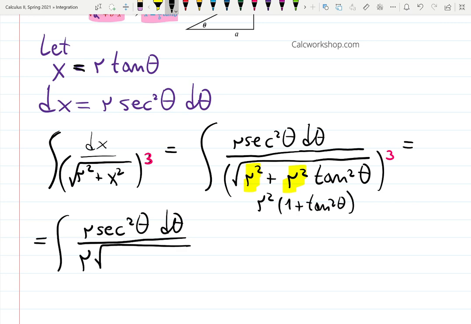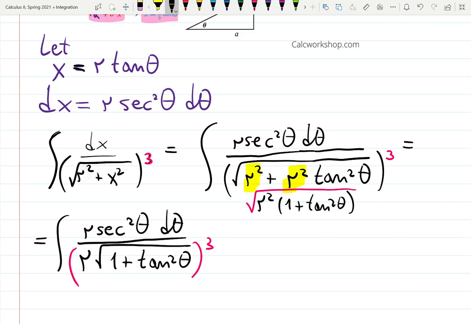Then I have a square root of 1 plus tangent squared theta, but also be careful, everything is still cubed, including the r which you kicked out outside of the square root. Be careful about that. So r is still cubed. Okay, not too bad.